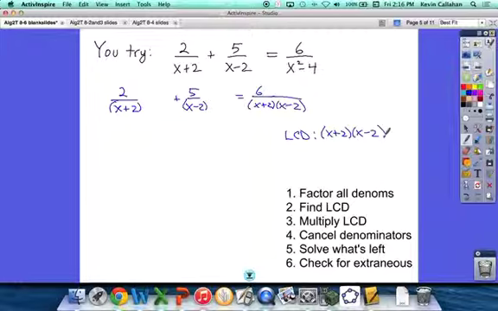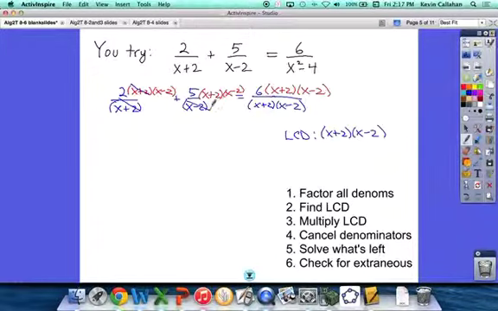7x. Okay. So the right answer was 0. If you factored correctly, that was the factoring. The LCD was that. The next step was you multiplied every term by the LCD. And then you canceled. In the first term, the x plus 2 cancels.